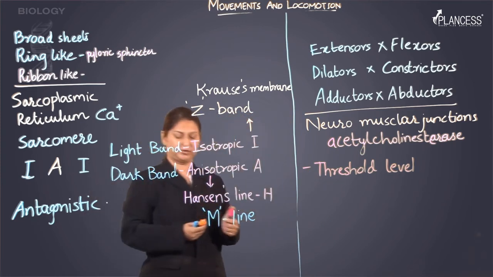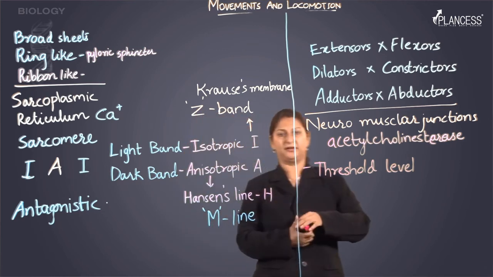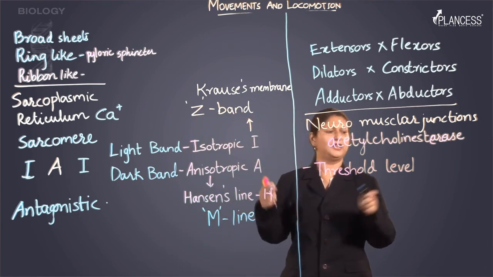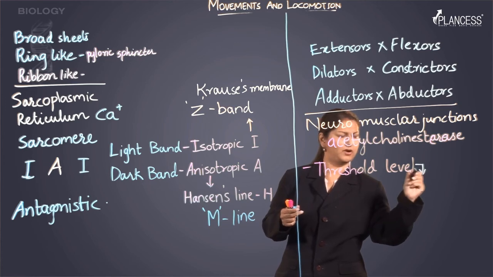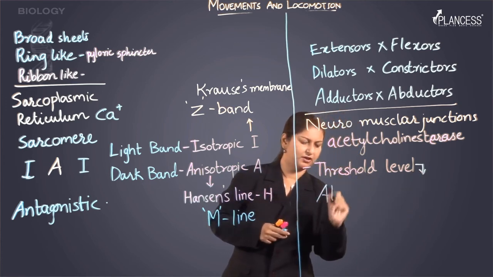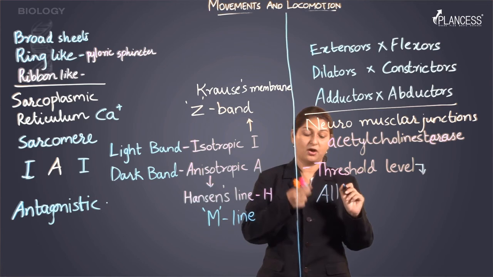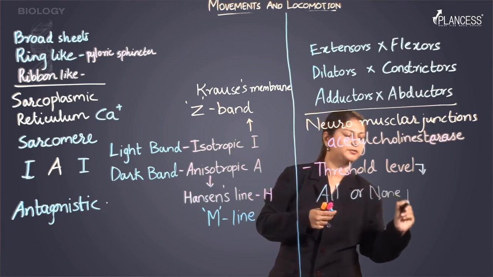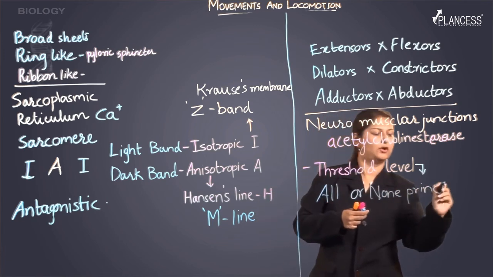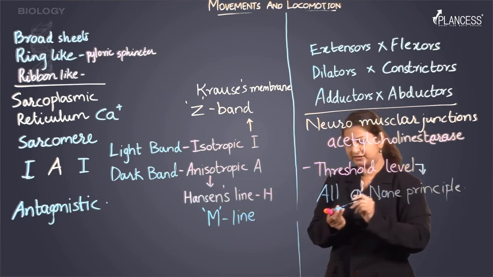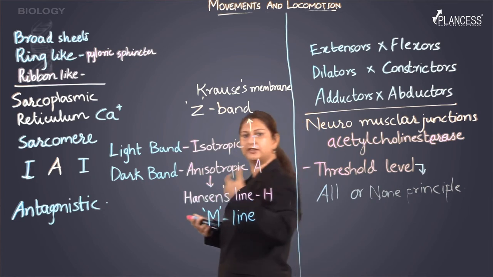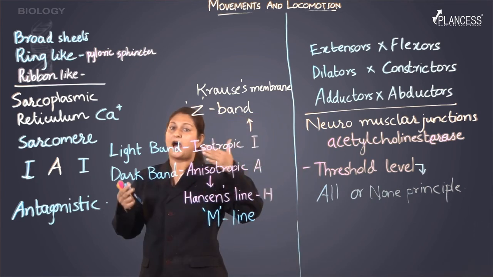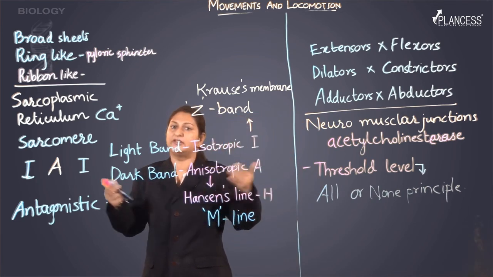Now, along with the threshold level, we always have a very peculiar law working. Why peculiar? Because it is called the all or none principle. Why all or none principle? This threshold level will initiate the reaction and either the muscles react or they don't react.